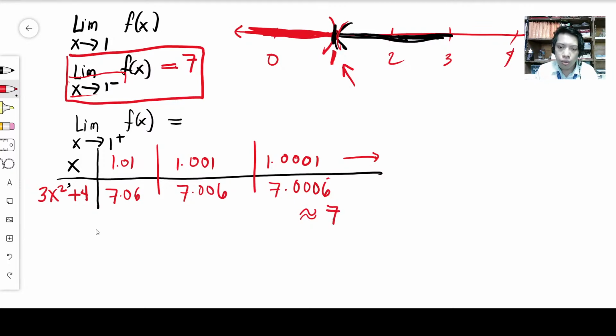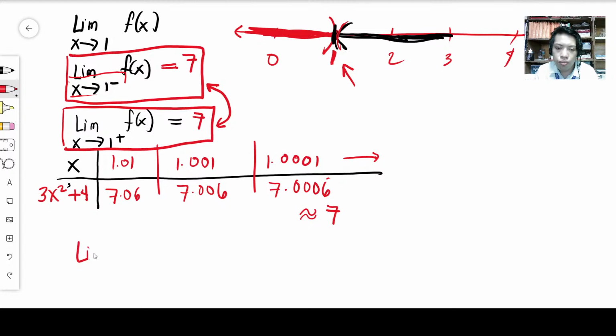Okay? So, meaning, the limit of the function as x approaches 1 coming from the right is also equal to 7. And when you look at here, they are equal. So, meaning, the limit of the function exists, and that is equal to 7.